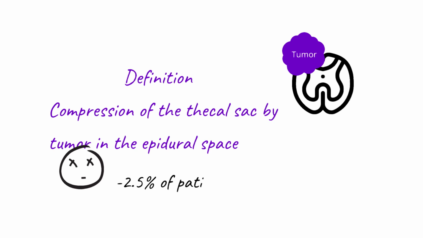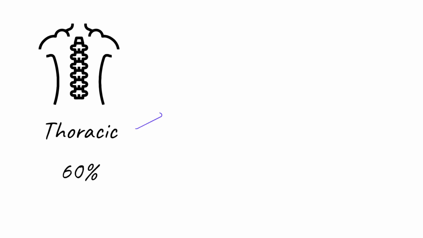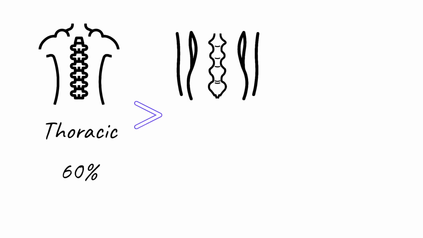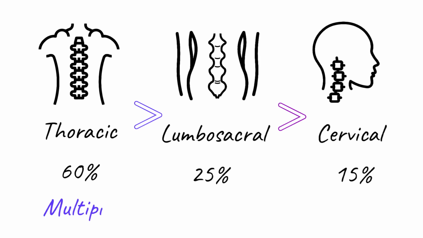2.5% of patients who die from cancer will suffer from it, and it is most common in metastatic disease. It presents most commonly in the thoracic spine, which represents 60% of cases, followed by the lumbosacral spine, representing 25% of cases, and the cervical spine, representing 15% of cases.